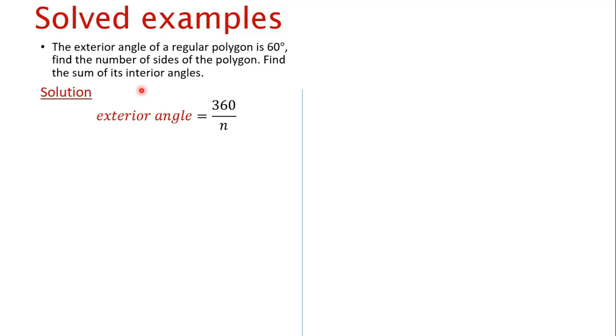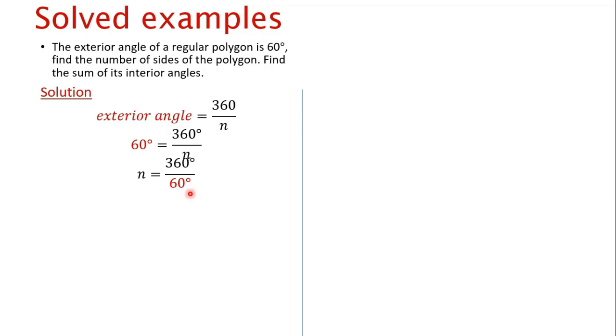Since we know that, we can replace exterior angle here with this 60 degrees, and then make n the subject, and then calculate for n. So we have 60 degrees equals 360 over n. Making n the subject, we have n equals 360 over 60.